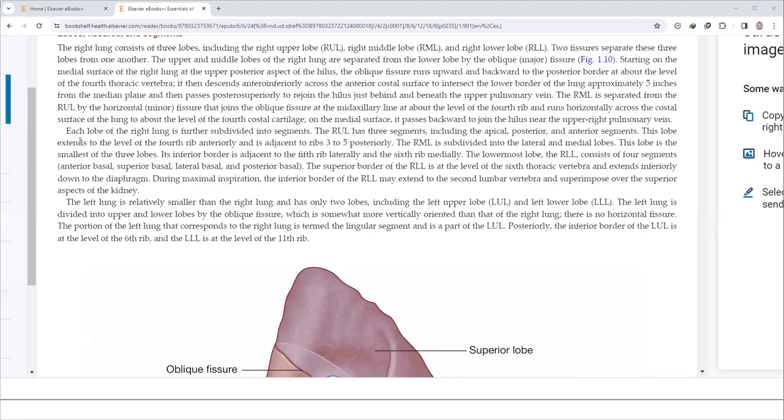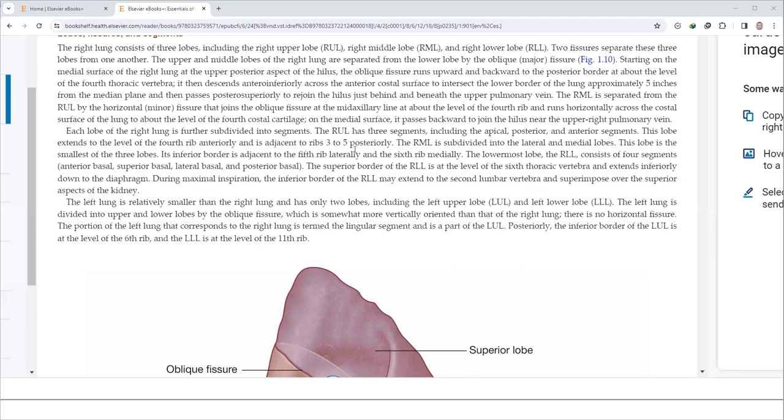So each lobe is subdivided into segments, and we need to understand the orientation of these segments. Why? Because when we will be talking about postural drainage, what is the point that we are trying to move the patient in a way that this segment is drained using gravity, okay, into segments.